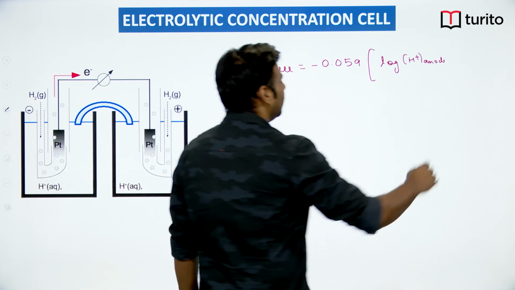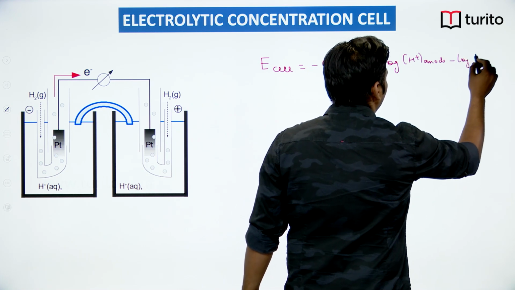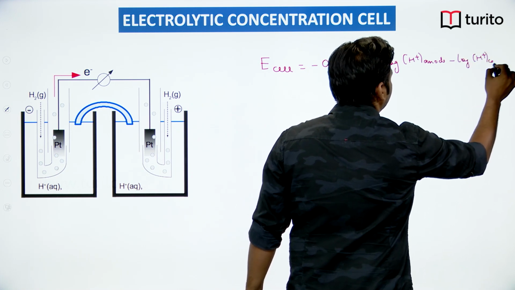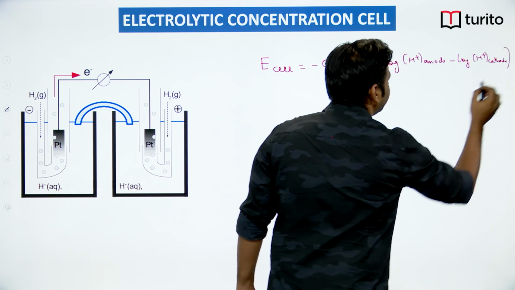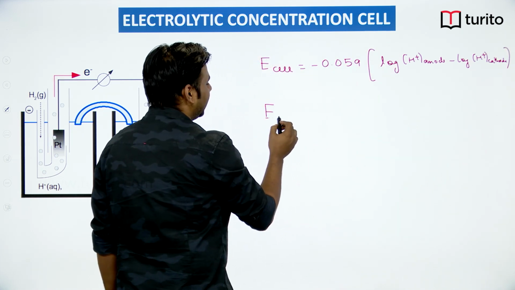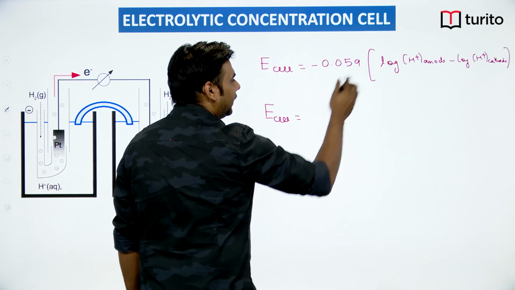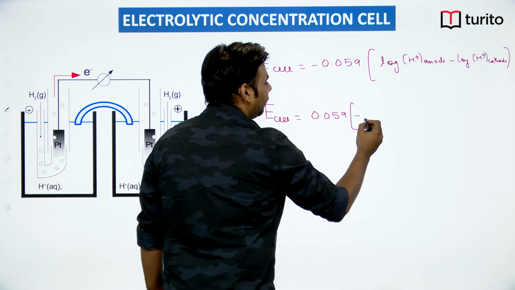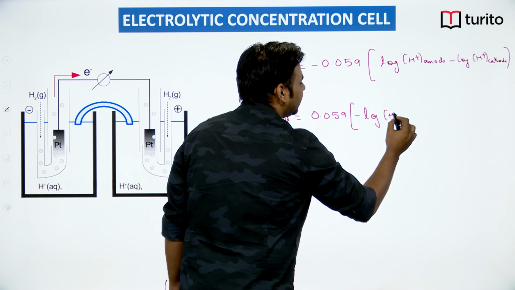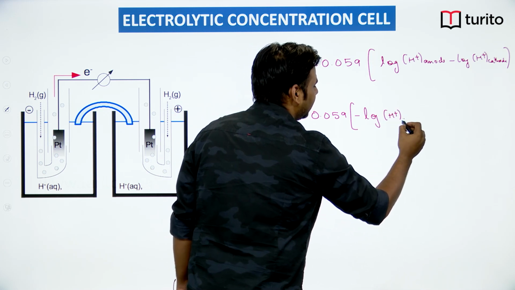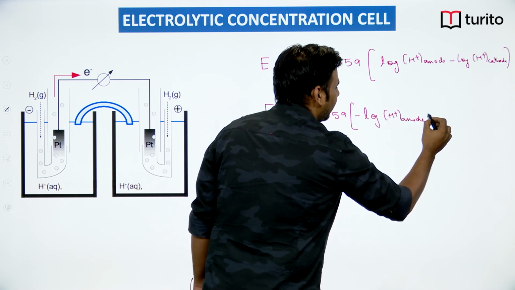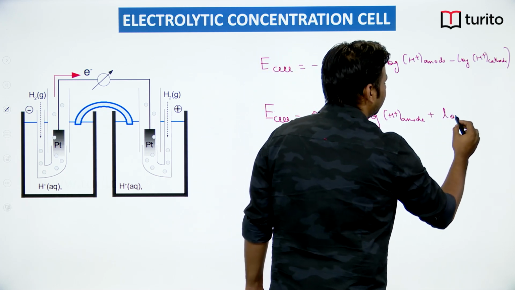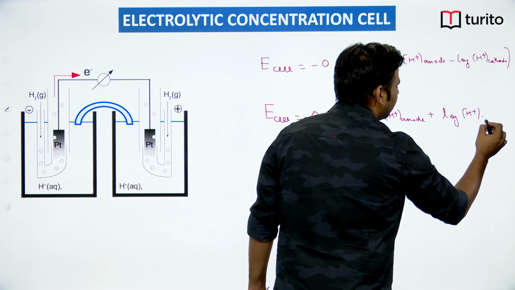So I can write this as log of H plus anode minus log of H plus cathode. I can write E cell as, this negative I will take inside, so this will become 0.059 into minus log of base 10 H plus anode, obviously this is base 10, plus log of H plus cathode.